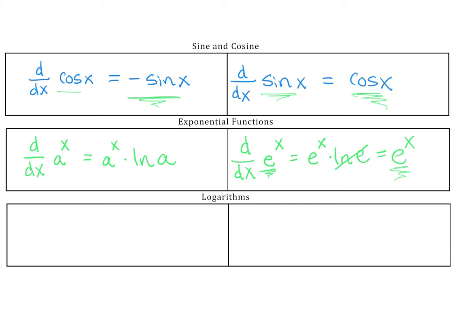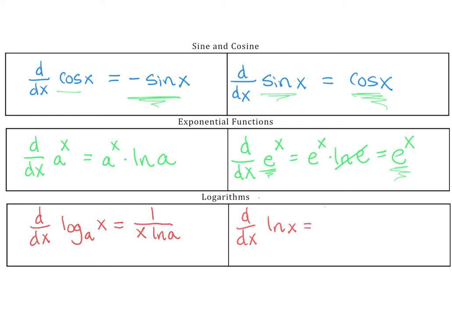Okay, now looking at logarithms. If we take the derivative of a logarithm base a of x, it is 1 over x times the natural log of a. Now let's look at the natural logarithm. Let's take the derivative of the natural log of x.